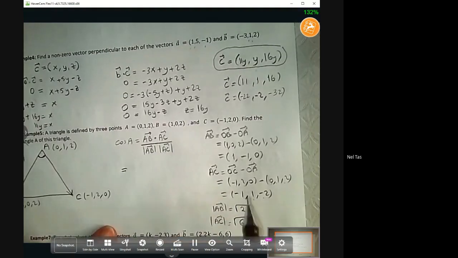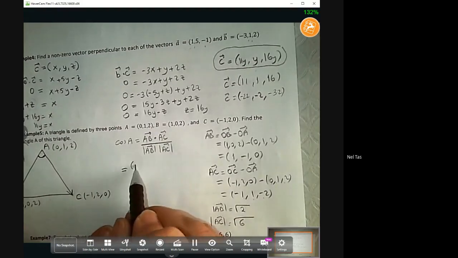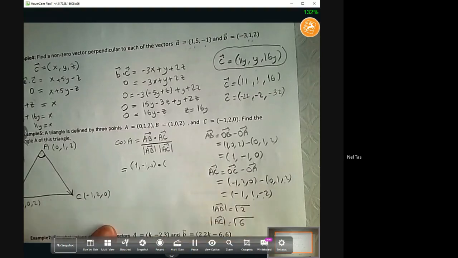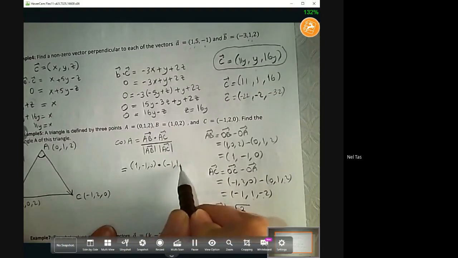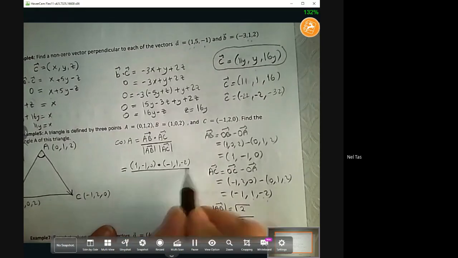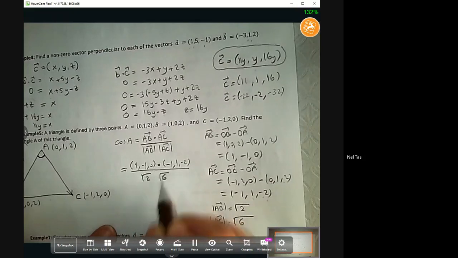All right, now let's do AB dot AC. Let me write it so you can see it more clearly: (1, -1, 0) dot (-1, 1, -2), and we're going to divide this by root 2 and root 6.